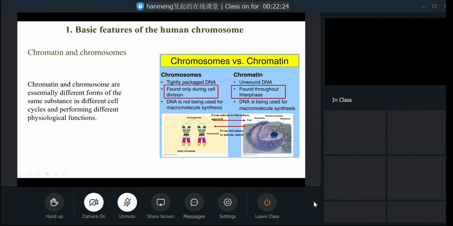During this time, the DNA is being used for macromolecule synthesis. So during the interphase, the DNA can be used as a template to synthesize messenger RNA and then translate into protein.